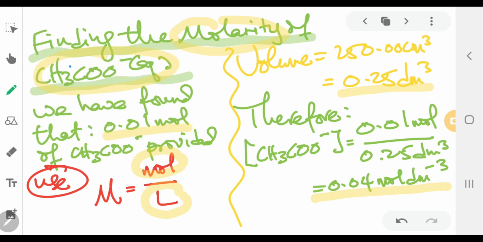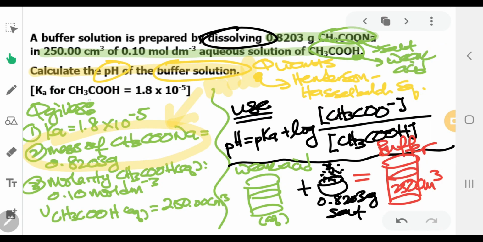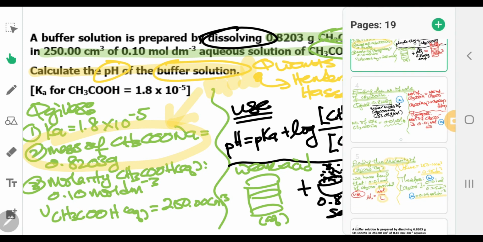So by using this formula, you have 1 mark. By writing that molarity, you get another 1 mark. So what we need to do now, we're just going to plug in that value into your Henderson-Hasselbalch equation right here to find the pH of the buffer solution.